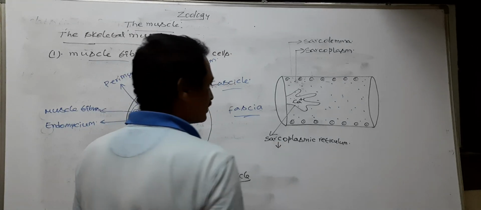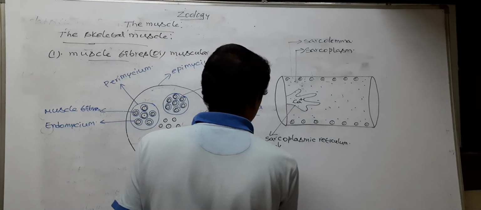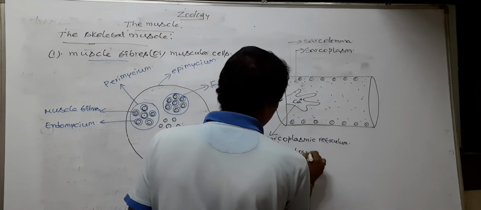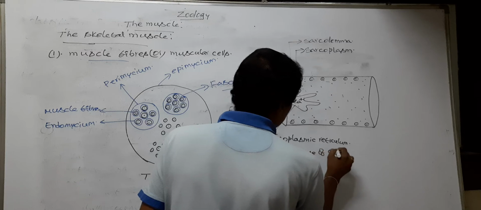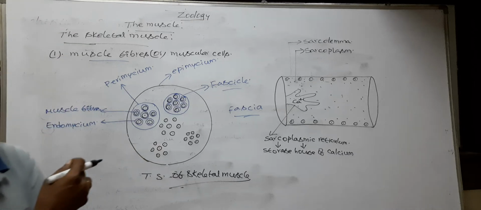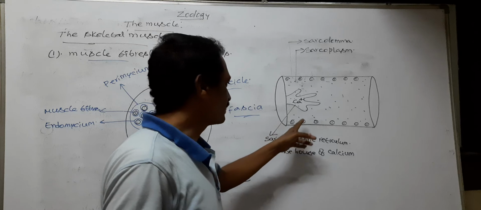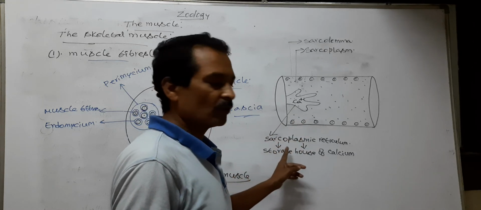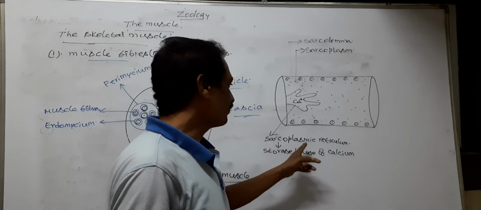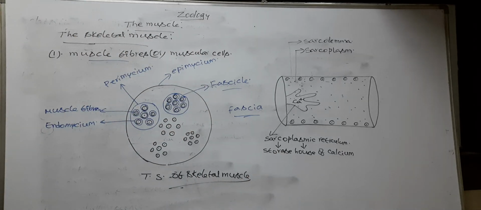So the sarcoplasmic reticulum is called the storage house of calcium.